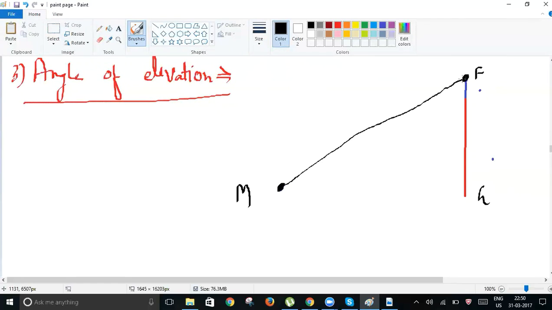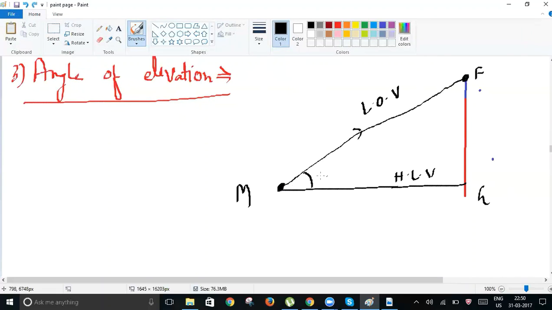If I want to look at the top of this flag, this line is called line of vision. And this is a line which moves from my eyes parallel to the ground. This is called horizontal line of vision.